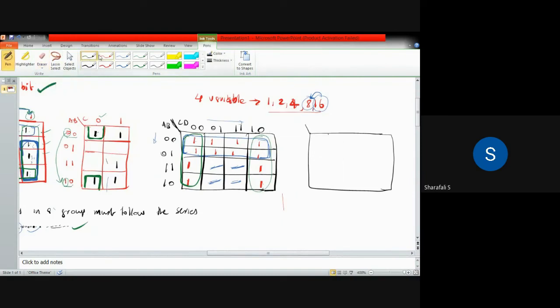Here also I'm considering the 4 variable K-map. This is AB.